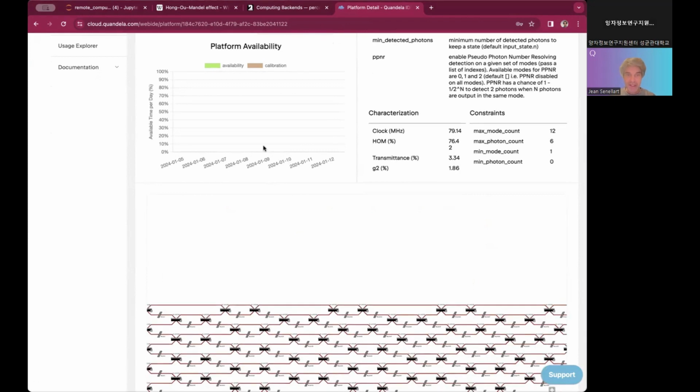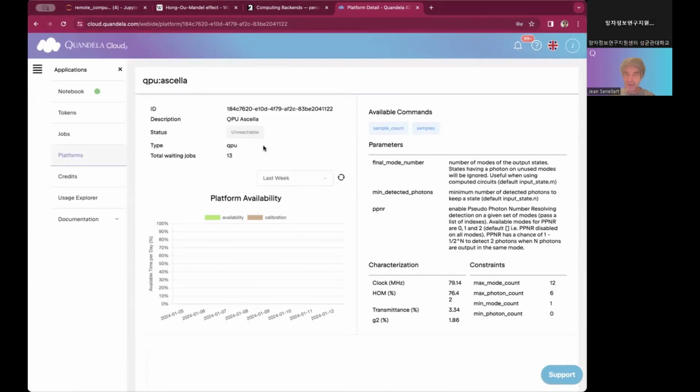It has not been available recently because of the upgrade that you are working on. You have some interesting parameter information. The clock is 80 megahertz. HOM, the last time it was measured, was very low; 76% is terrible HOM. G2 is very good, 2%. With 12 modes, you can send 6 photons.